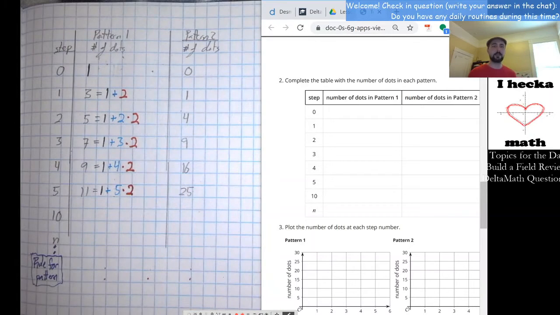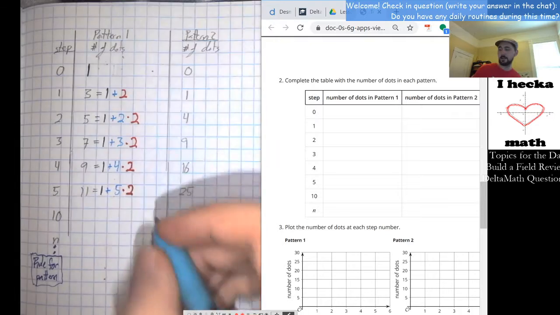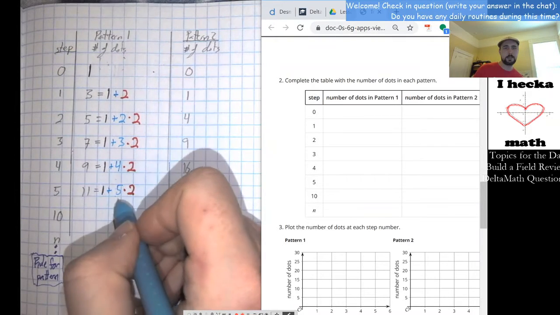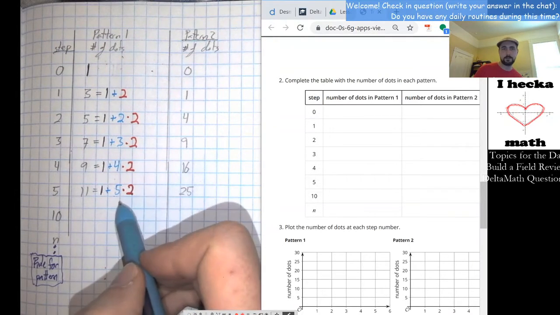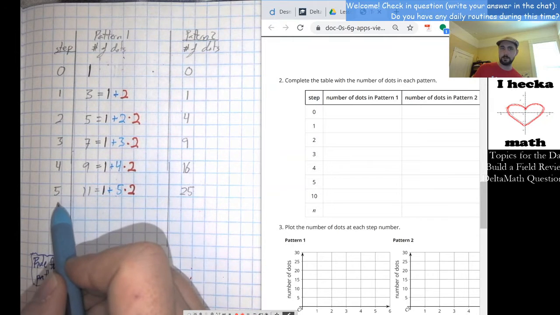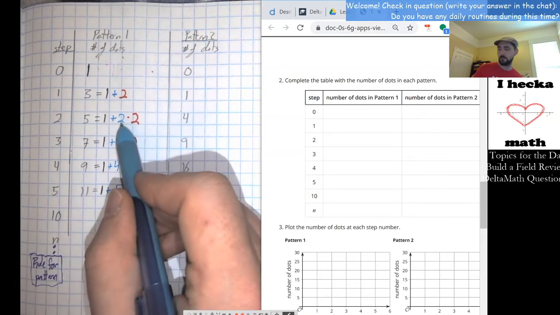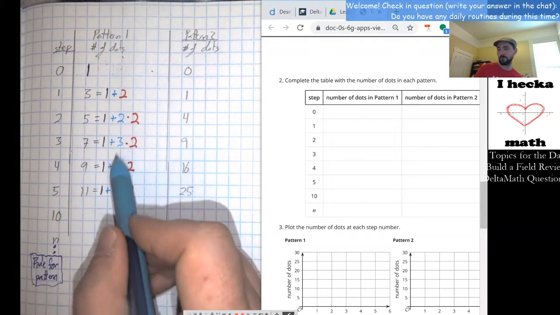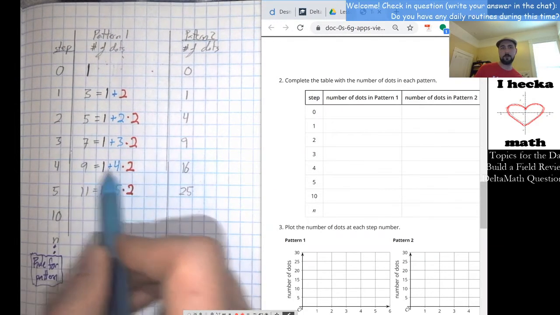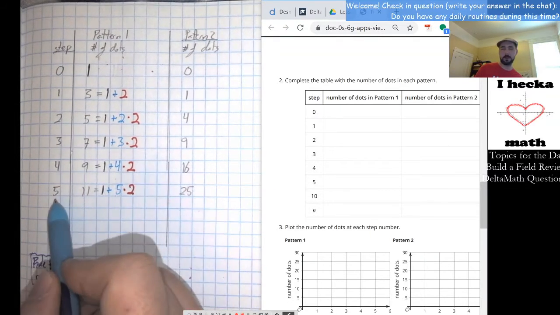And here is the thing you have to connect. The number we see here, the number of pairs of dots, do you see that it's also the same thing as the step number, right? 2 pairs was step 2, 3 pairs in step 3, 4 pairs in step 4, 5 pairs in step 5.